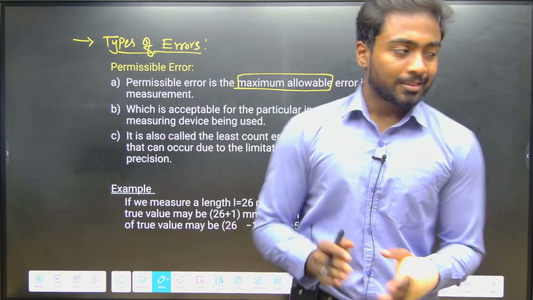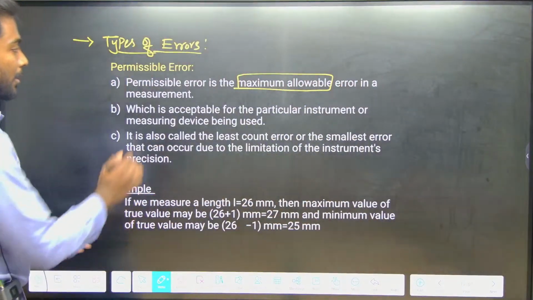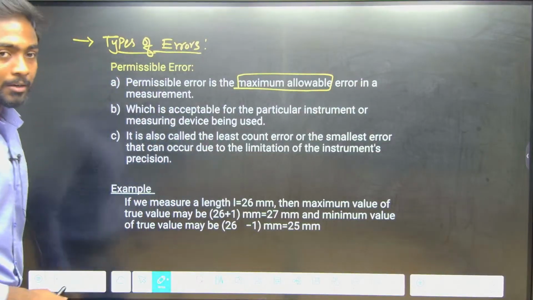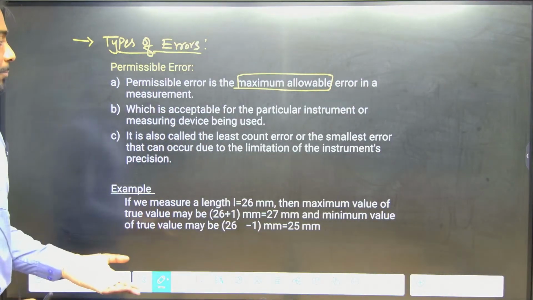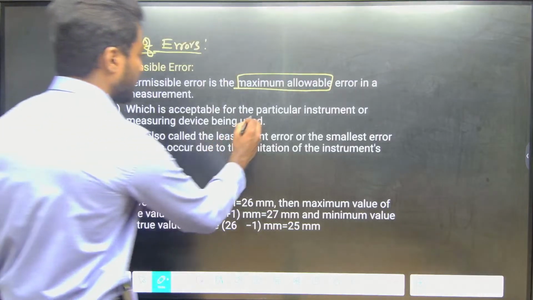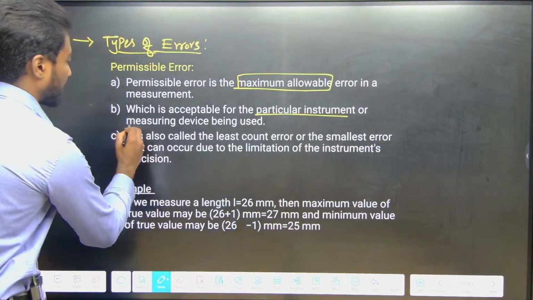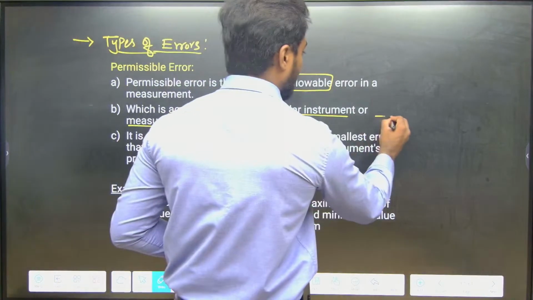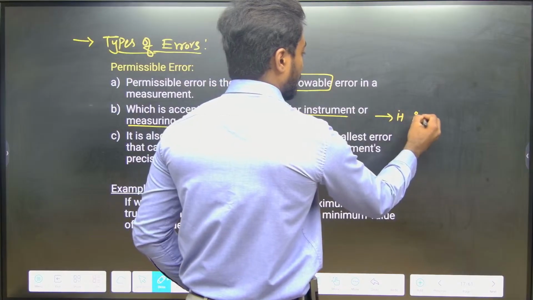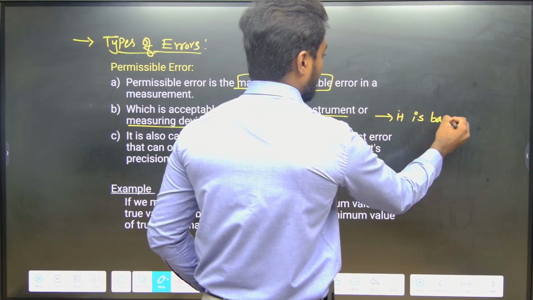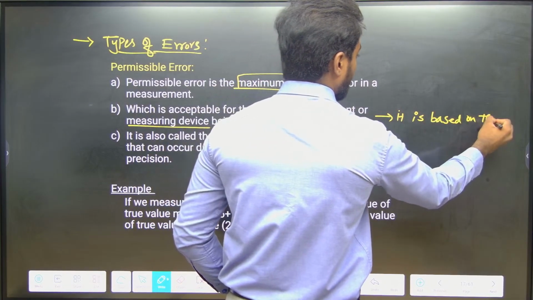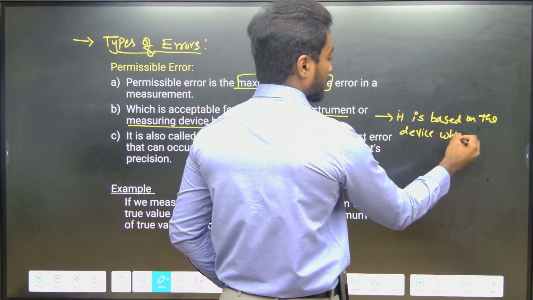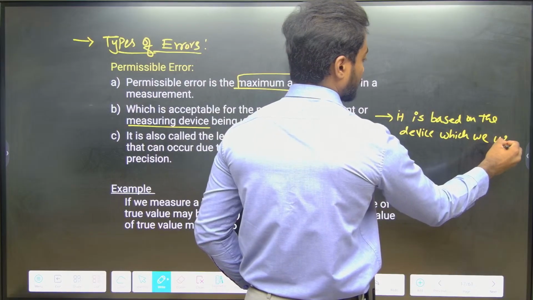Permissible error is the maximum allowable error in the measurement, which is acceptable for the particular instrument or measuring device. It is based on the device which we use.